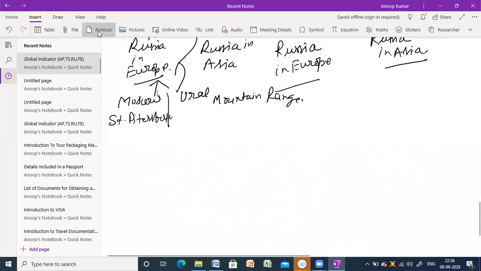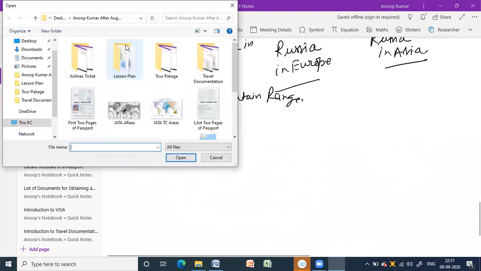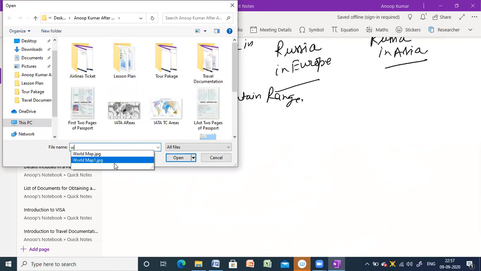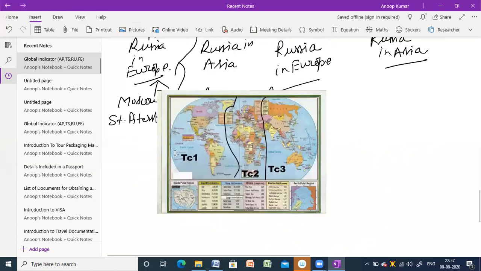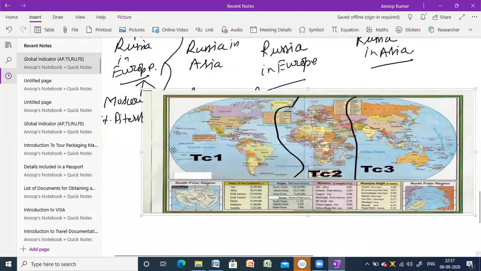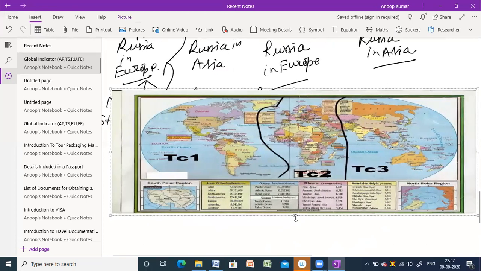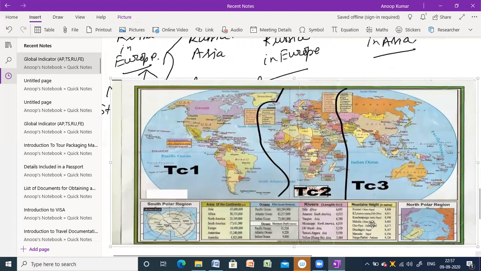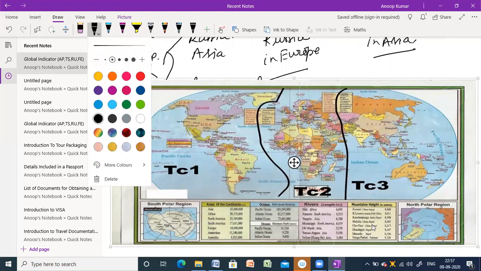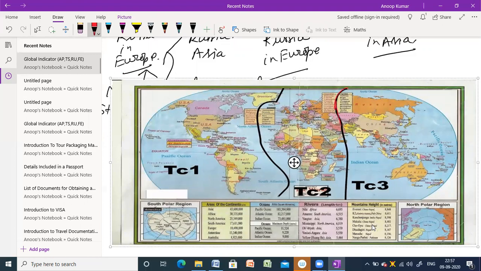Let's insert the world map first. So this is the world map. Now you can see here, this is the dividing line between TC2 and TC3, and this line divides Russia into two parts.